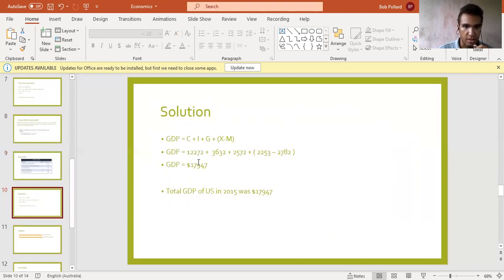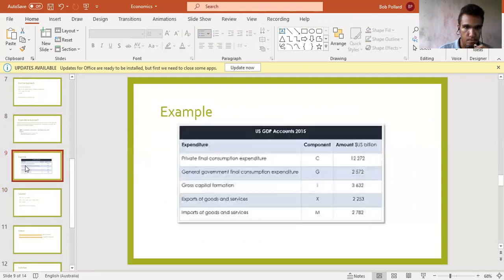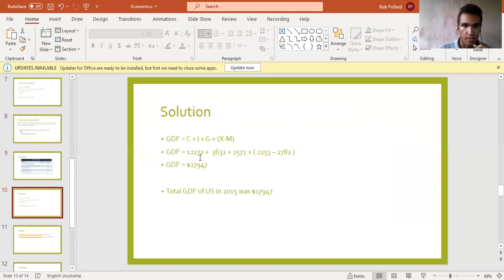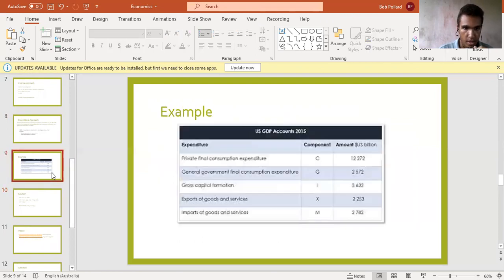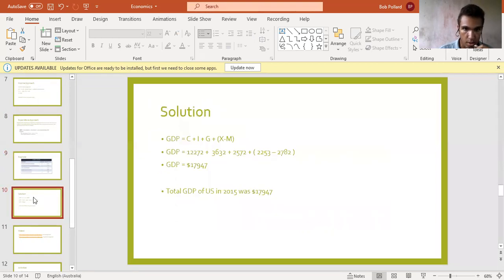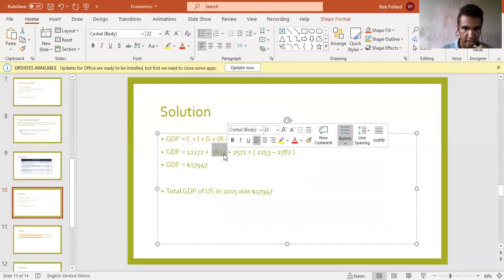Then you have your government expenditure, which is 2,572. Then you have your gross capital formation, which is your investment, which is 3,632.